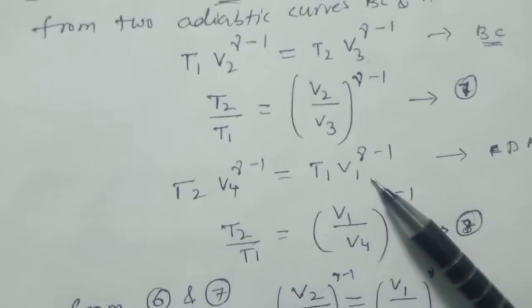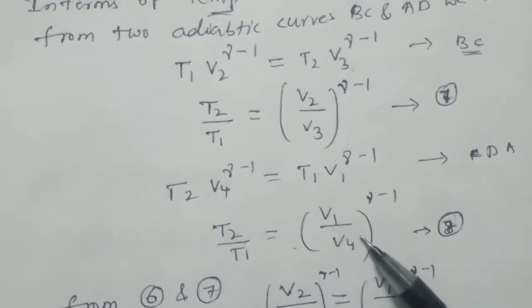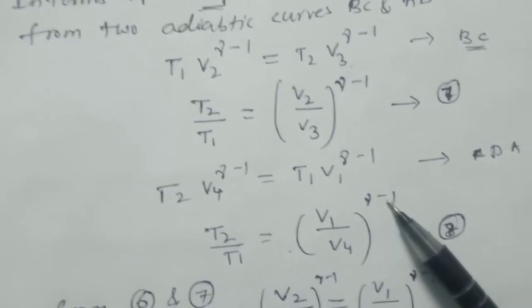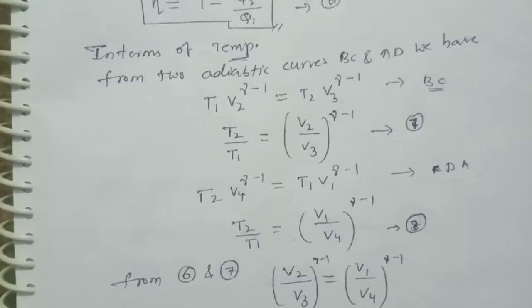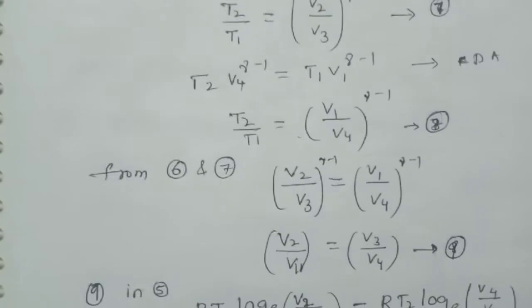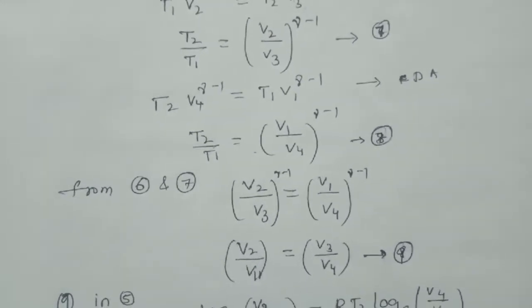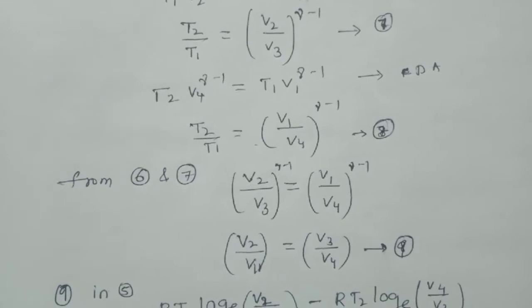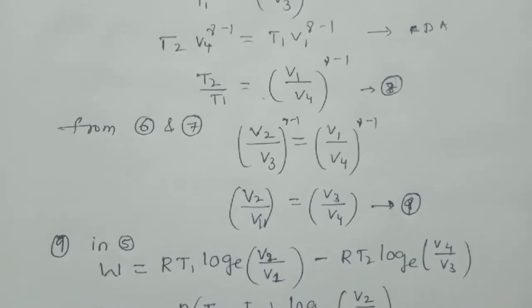By equating these two equations, V2 by V3 power gamma minus 1 is equal to V1 by V4 power gamma minus 1. From this we get V2 by V1 is equal to V3 by V4.